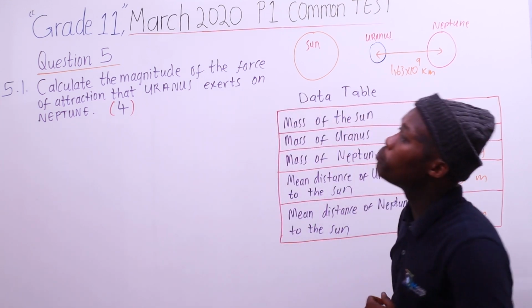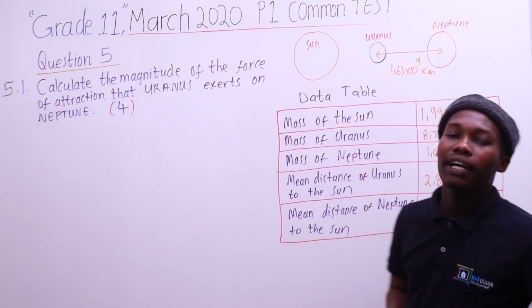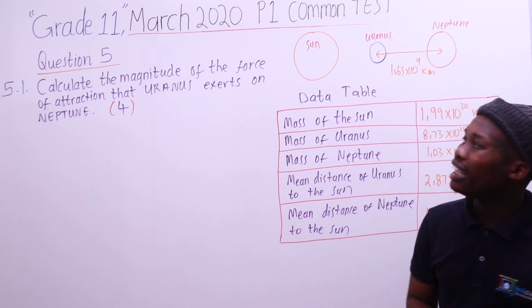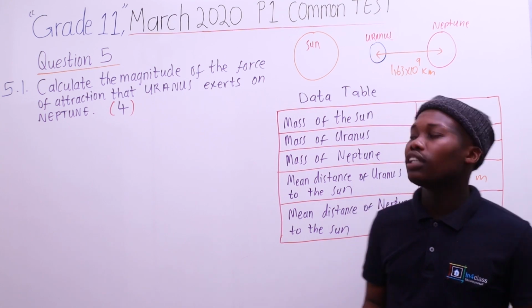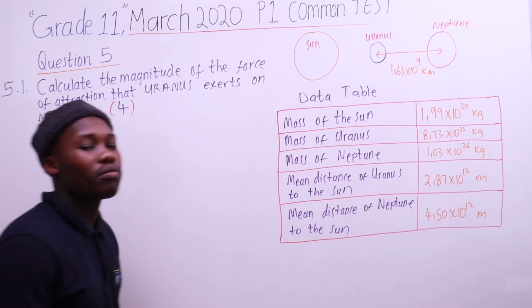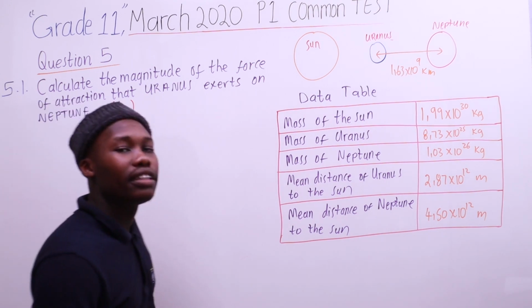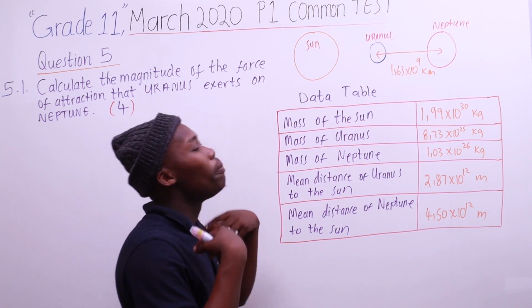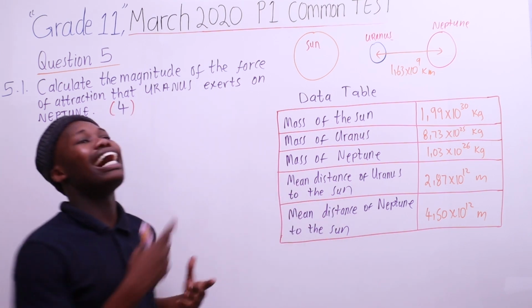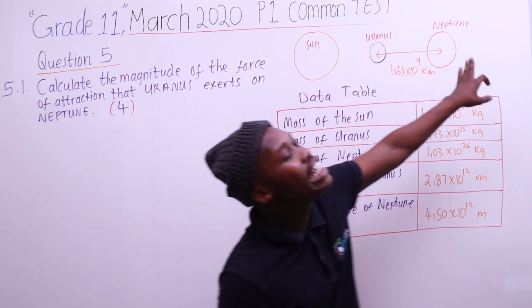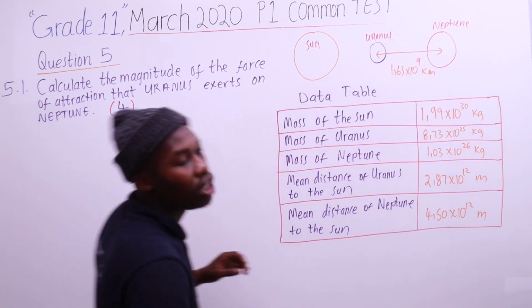Alright, now question 5.1. Calculate the magnitude of the force of attraction that Uranus exerts on Neptune. So they want the force of attraction, which means they want FG, the force that each planet exerts on the other, but in this case that Uranus exerts on Neptune.